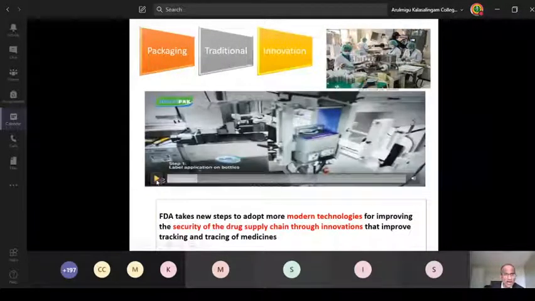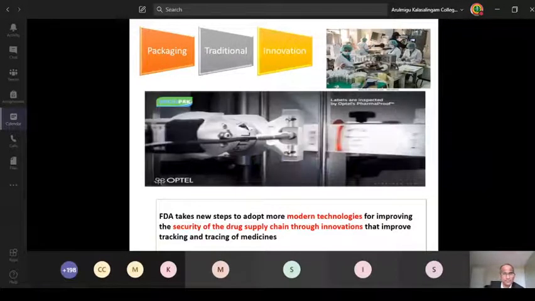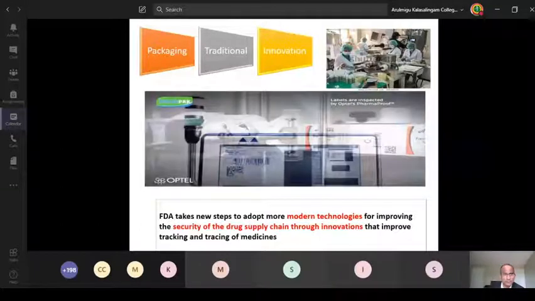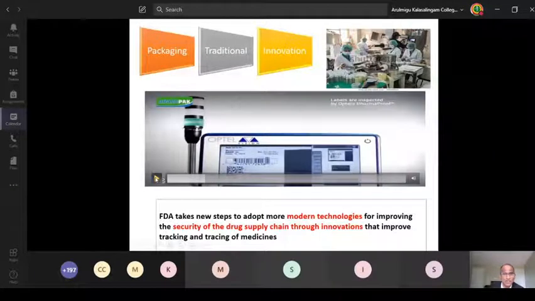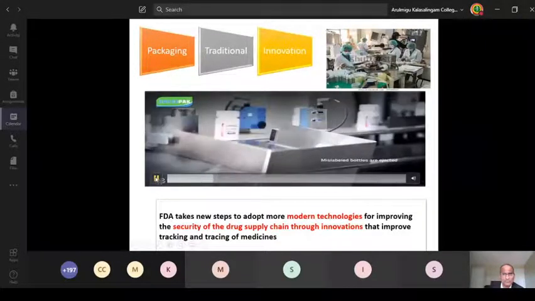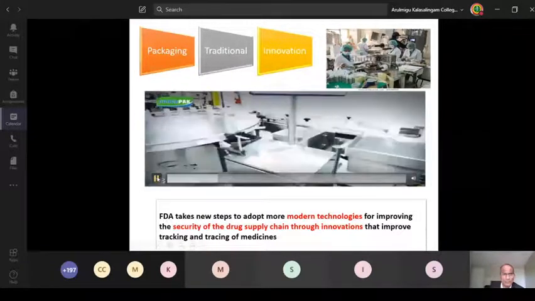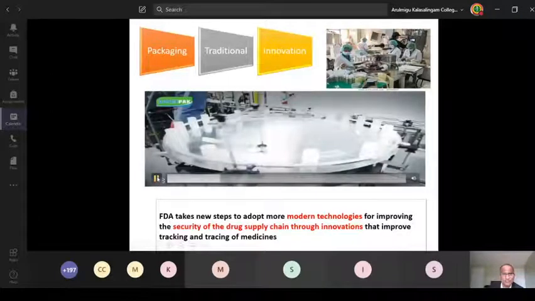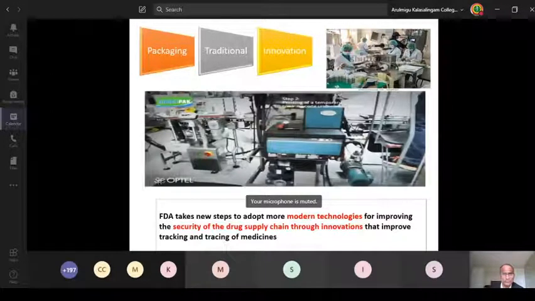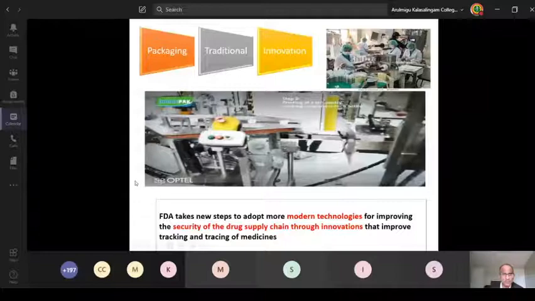Right from the label application on the bottles, first step. Then label inspection. Printing of a temporary barcode for tracking purposes.